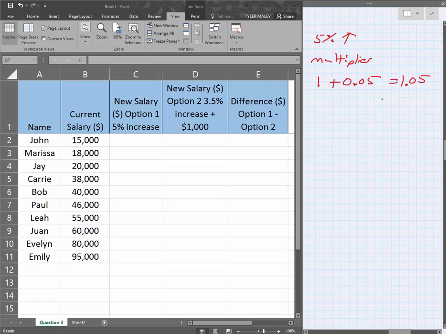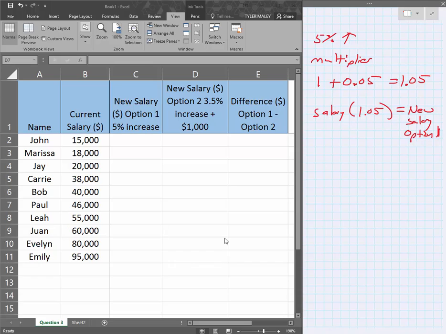In other words, I want to take $15,000 and multiply by 1.05, and that will give me my new salary amount. So salary times 1.05 will be my new salary for option 1.